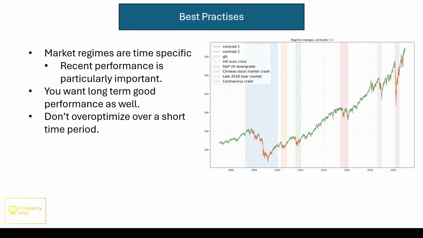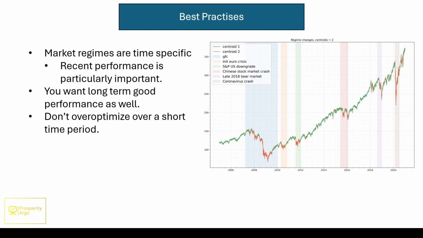So let's say you were to take a strategy and optimize purely on the COVID crash, that likely would not be the best parameters for the entire sample of data, right? Because the actual behavior of price during a period will be heavily influenced by the general market regime, so how market behavior is happening at that given time.